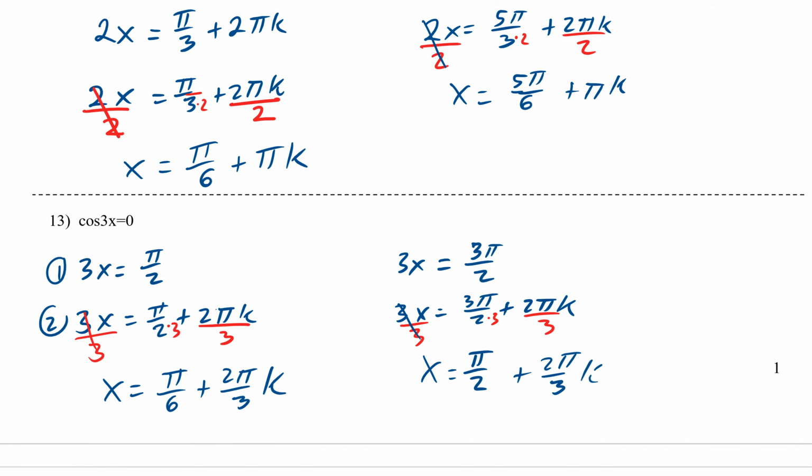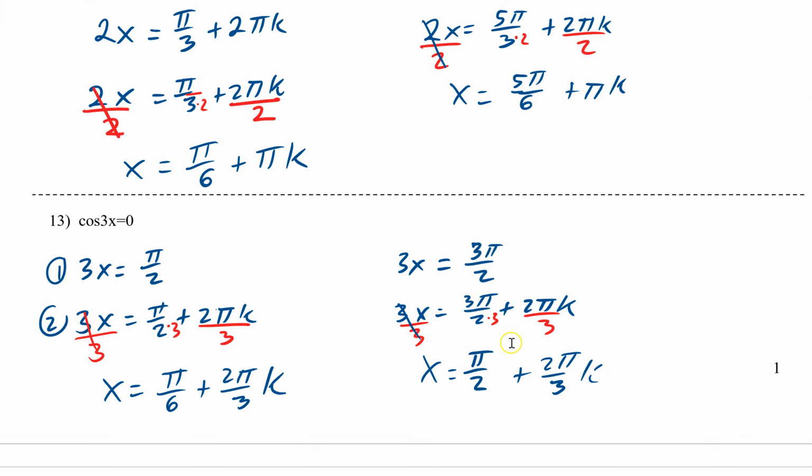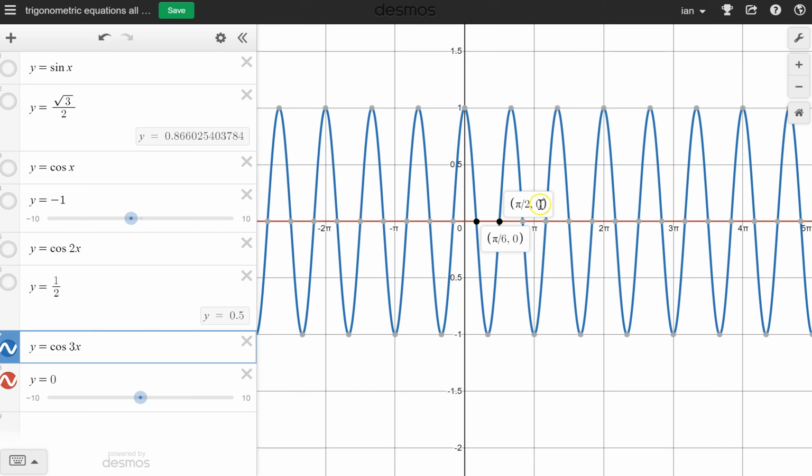So we can now look at the graph, and you can see that we get right here pi over 6 and pi over 2. And then we now know by doing our little algebra that it's not 2 pi, but 2 pi over 3 away. So if you look at it, it's 2 pi over 3 away on each one. So let me unclick these right here so you can see it.